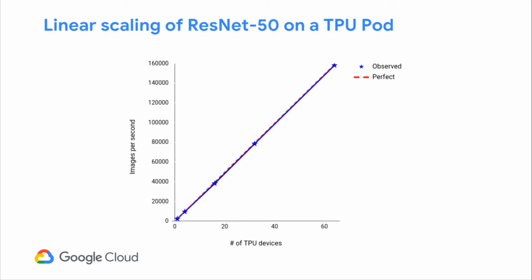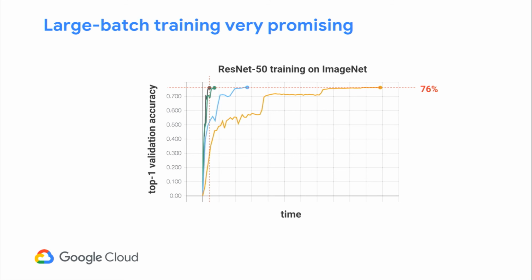Fortunately, we've got this proprietary network that connects all these devices together in this mesh, and we've been able to show near perfect linear scaling out all the way to the full-scale pod, as you can see here as the number of devices increases to 64, which is the full set in the TPU v2 pod.